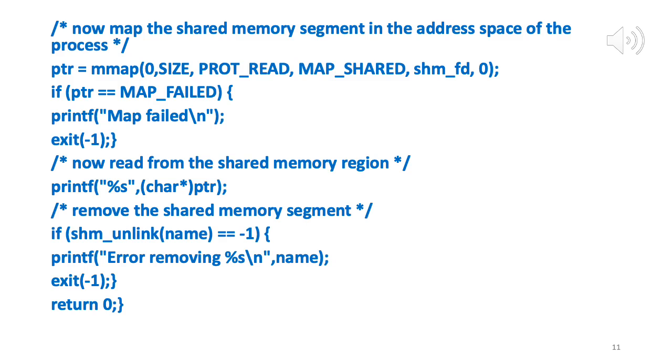It got a file descriptor, and using that file descriptor, map the shared memory segment which the producer created onto its address space, onto the consumer's address space. Once that mapping was done, then just read from it and print it on the screen.